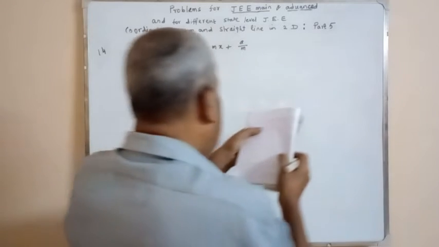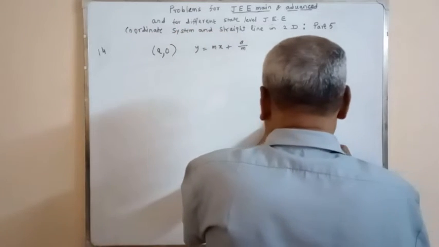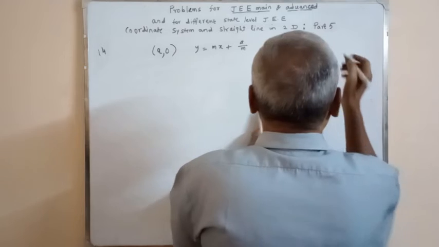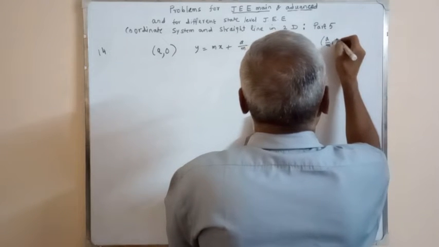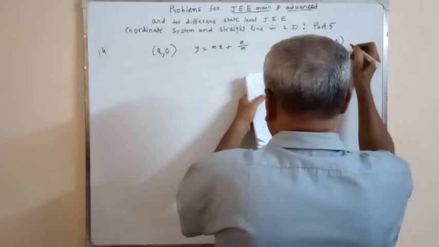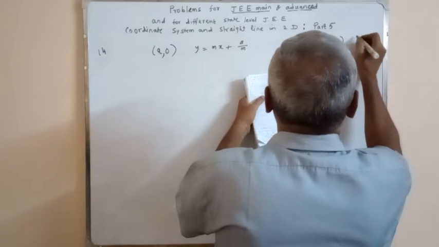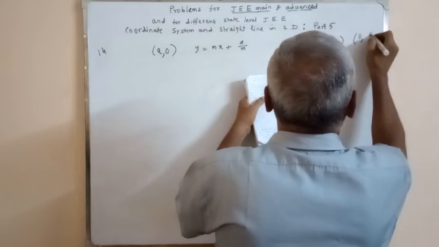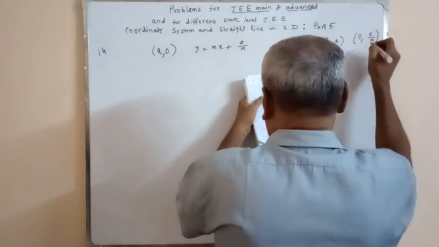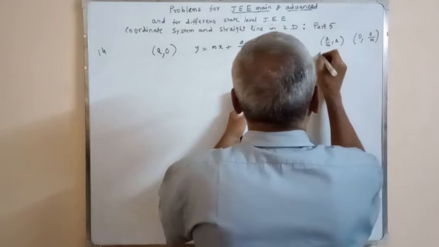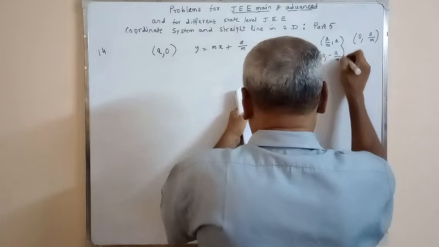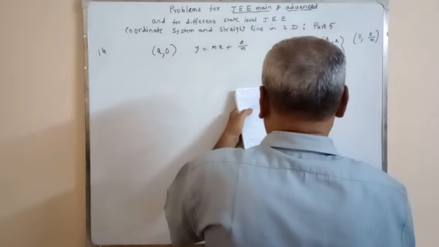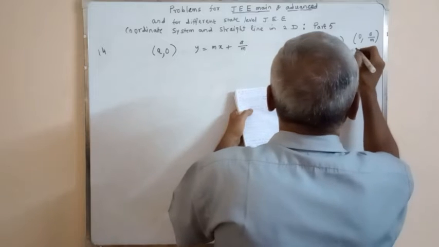Options: a by m comma a; then 0 comma a by m; 0 comma minus a by m; and am comma 0.